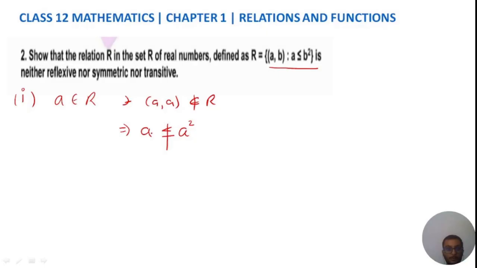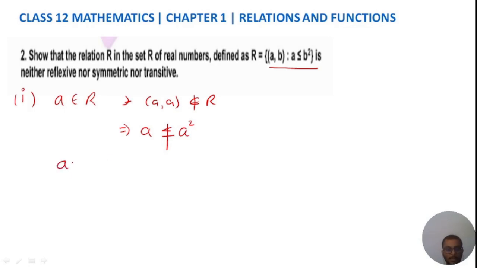Okay, so if we take a greater than 1, then of course its square will be greater than itself, right? So of course we should pick an element less than 1, then our work will be done.